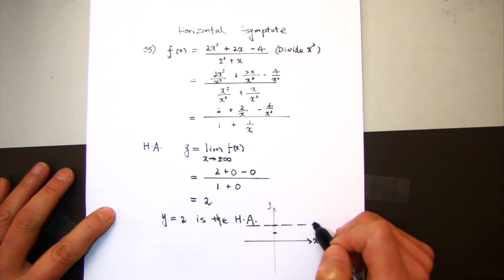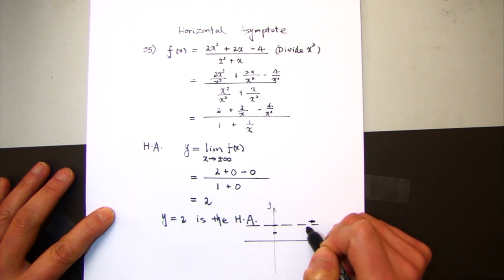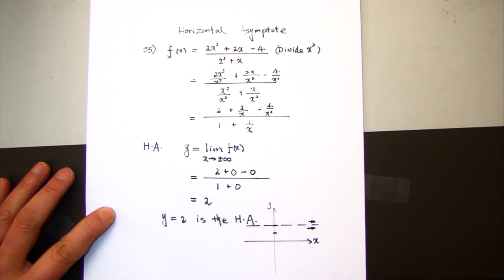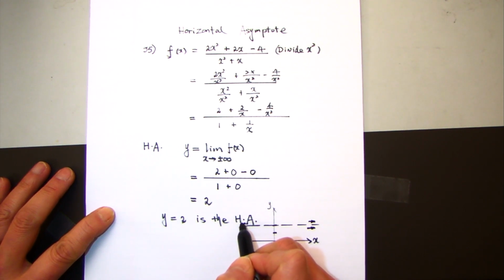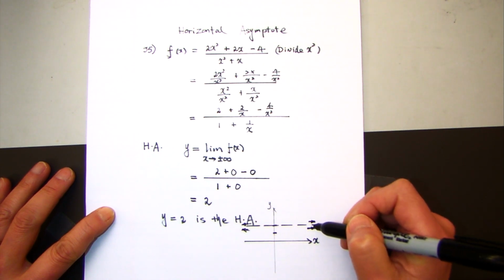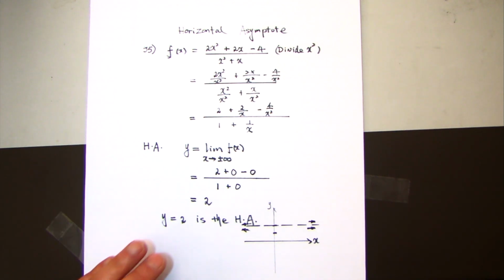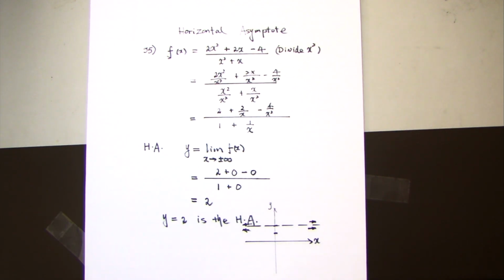Not sure where, so either maybe above or below. We will check all that out a little bit later. And on the left-hand side, it's the same. The end of your graph is going to get really close to y equals 2. We still have to compute to see if it's coming from the top or from the bottom. So that's just a preparation for us to find horizontal asymptote.